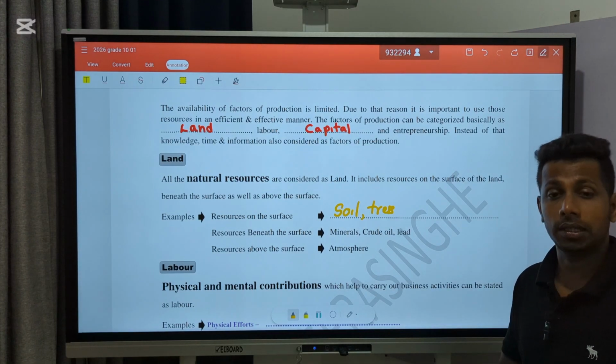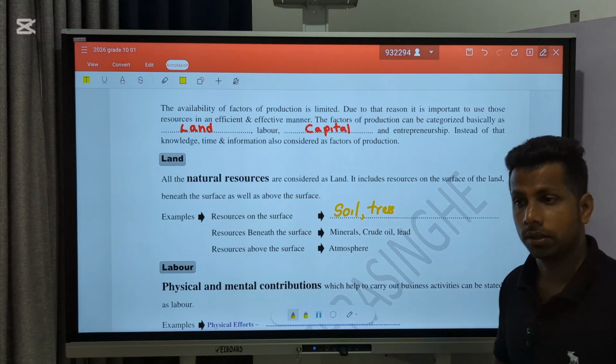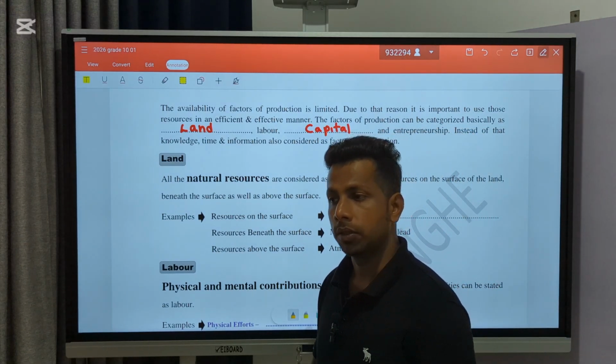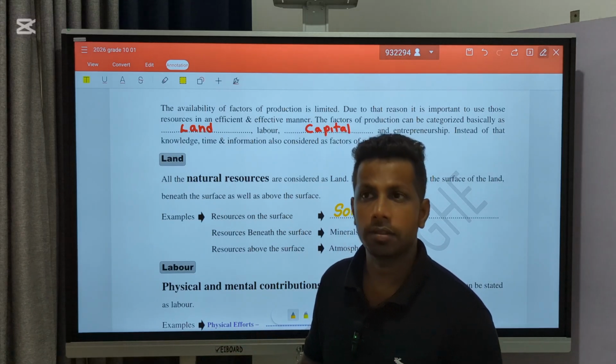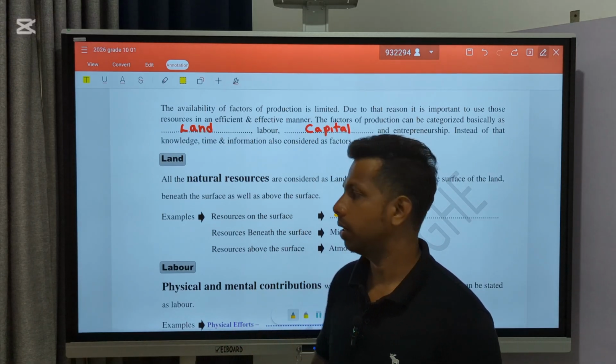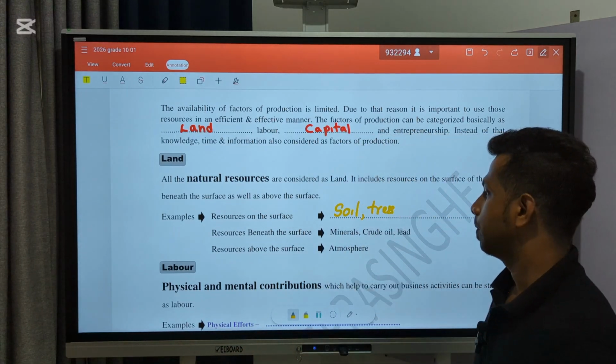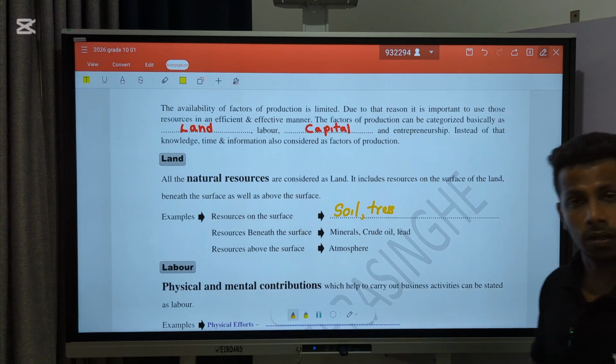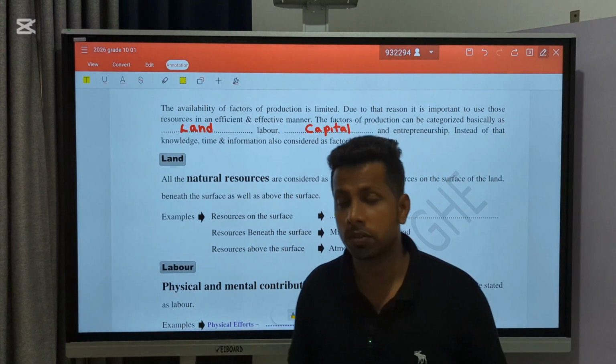Also through mining, my dear children, we can extract gems as well. So whatever resources beneath the surface: crude oil, minerals, lead, coal, right? Okay, dear children, resources above the surface, you can take it as atmosphere. Right, now we are still talking about the required resources for the production.